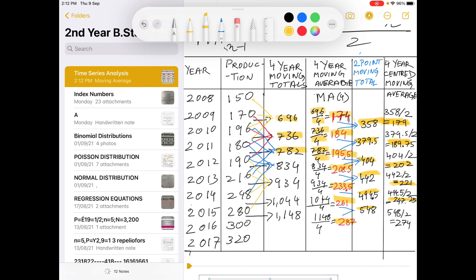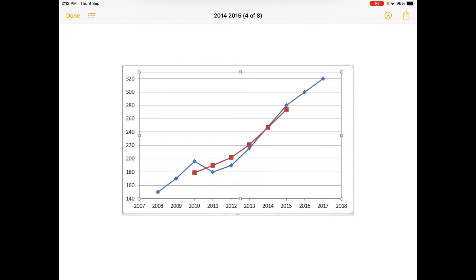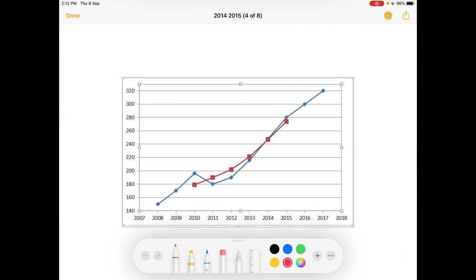Now when we graph the original production values and the 4-year centered moving average, we get this graph where again the blue line is my actual production and the red line is my 4-year moving average. You can see it more or less tracks the actual production values over the years.